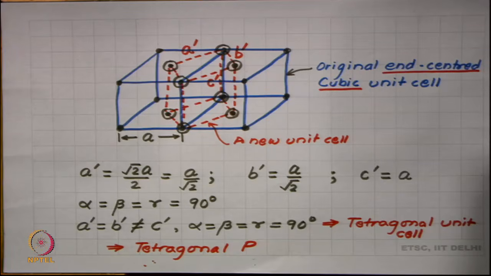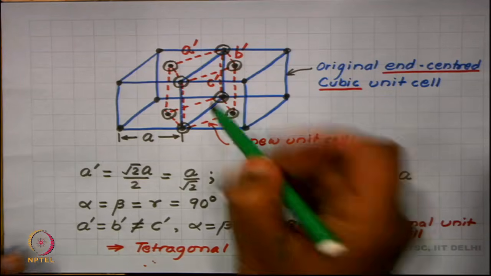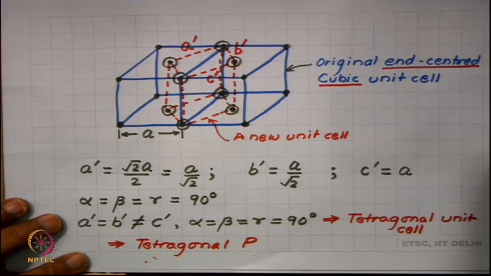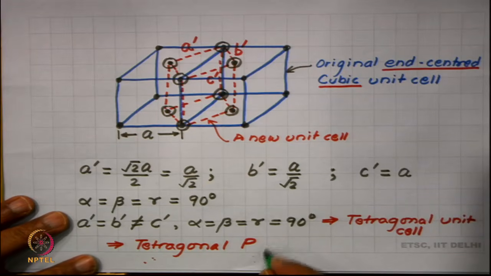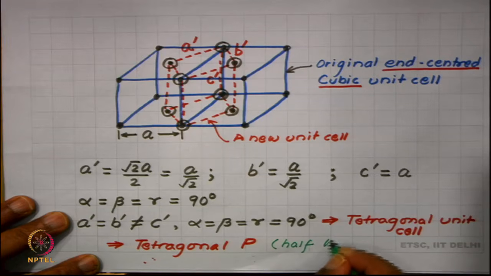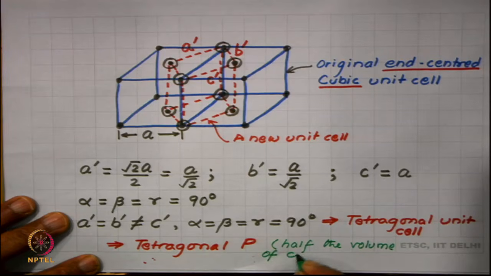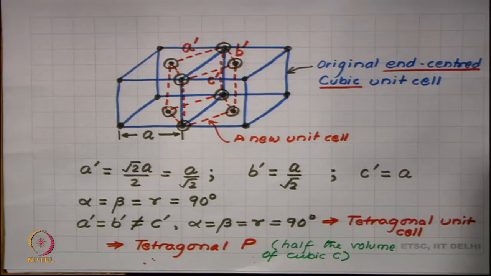We can give a further justification by noting that the unit cell volume of the tetragonal P is smaller. Tetragonal P has only half the volume of cubic I. So, it is smaller.